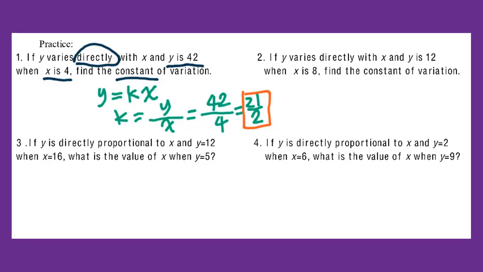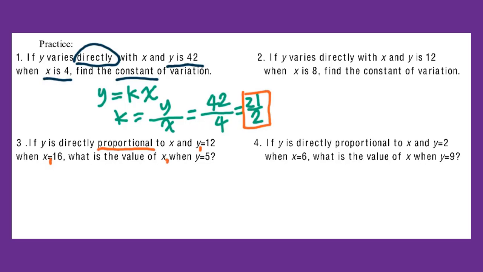For number 3, if y is directly proportional, that's the keyword, meaning direct variation, y equals 12 when x equals 16. What's the value of x when y equals 5? For this kind of question, label y1, x1.